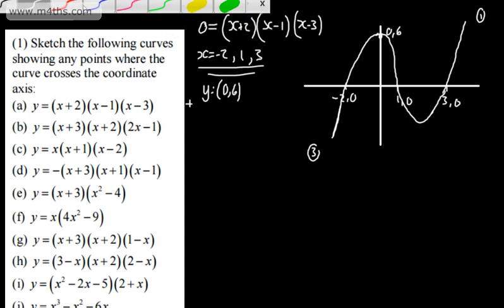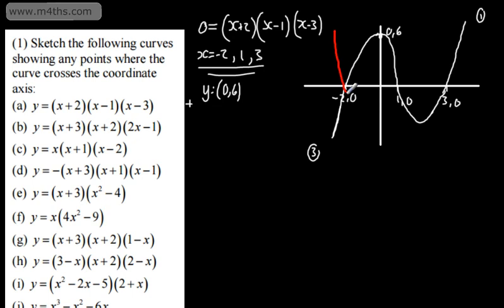If it was negative, the graph would do something like so, and this point would now be 0, negative 6. It would come round and look something like that. Remember, these don't have to be immaculate, and certainly drawing on here, it's not going to be immaculate.